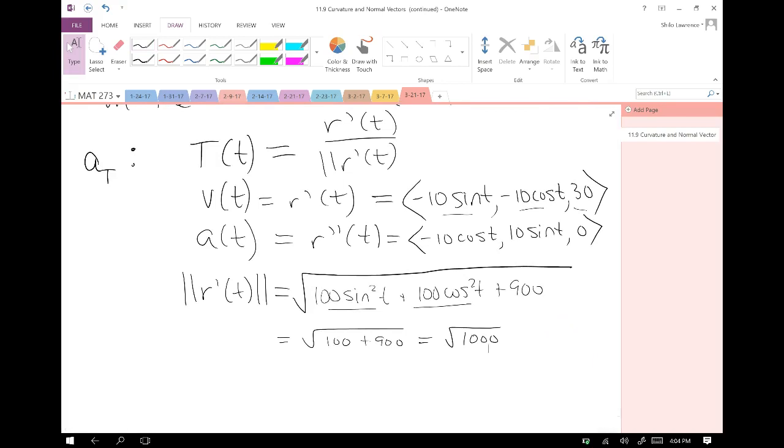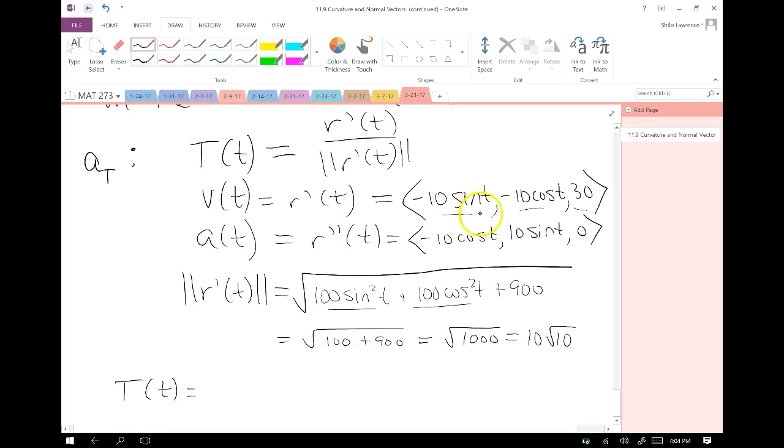So we've got everything we need for T of t so far. It's going to be our r prime divided by our magnitude of r prime. 1,000 is not a perfect square, but we could simplify this down to 10 root 10 because our r prime has some 10 coefficients in it that can cancel.